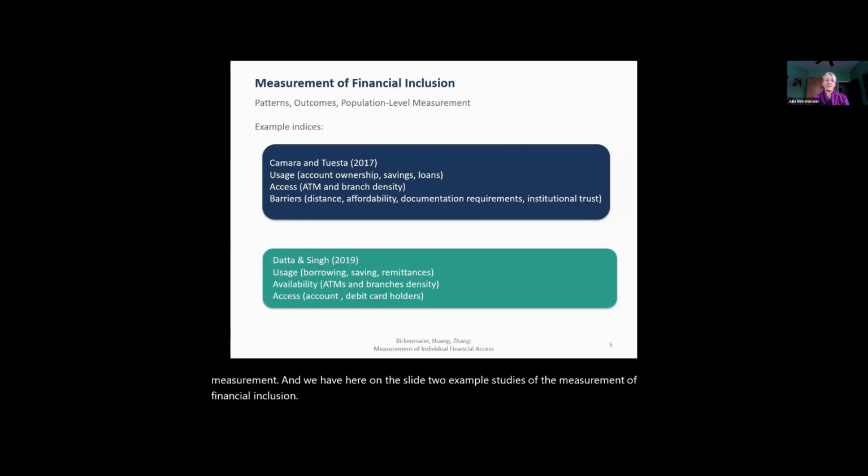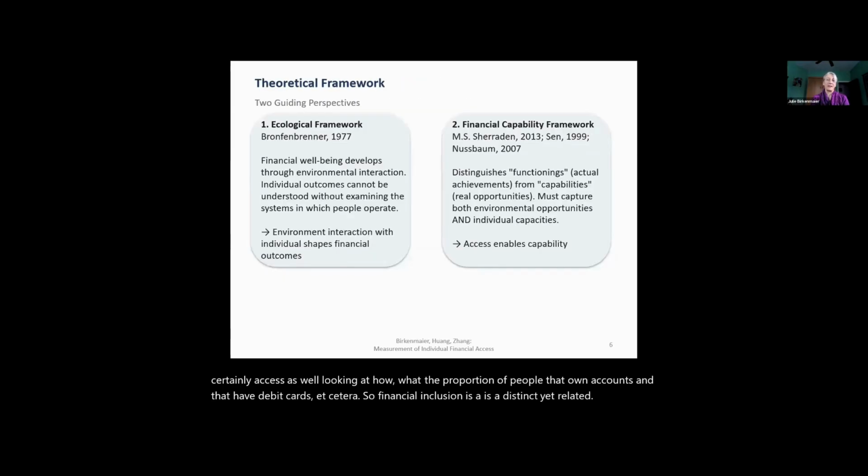You can see that it's measured in terms of ownership and usage of financial products and services, access in terms of ATM and branch density in communities and across societies, barriers, and certainly access as well, looking at the proportion of people that own accounts and that have debit cards, et cetera. So financial inclusion is a distinct yet related concept to financial access.